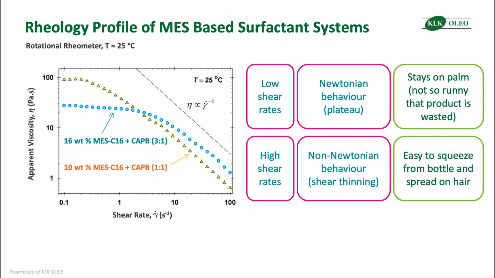Different formulators will have different requirements for the length of the plateau. For example, formulators for children's shampoo may want to have a longer plateau because children are still learning how to hold things, and parents are more likely to buy products that do not spill off their hands easily.